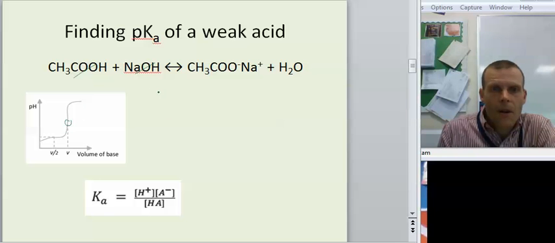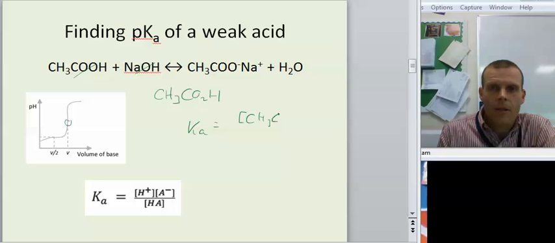However, if we think of our ethanoic acid, CH3CO2H, and I think of its Ka expression, then that's going to be CH3CO2 minus times H plus over CH3CO2H, like that.